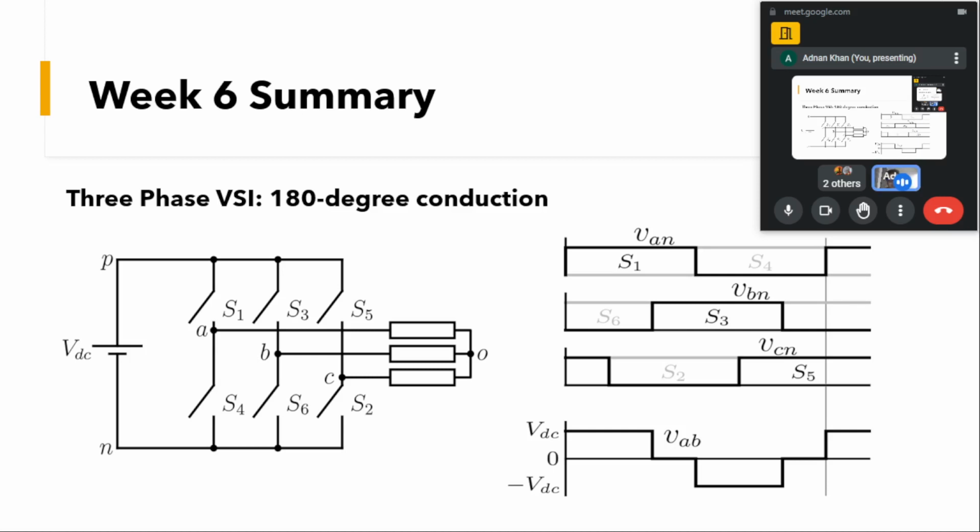That is like a balanced three phase, where the three phases are shifted from one another by 120 degrees. For the B terminal, S3 will be turned on at the 120-degree interval, and it will conduct for 180 degrees, and after that it will be turned off and S6 will turn on. Here as well, due to this individual leg, VBN will be equal to 0 and VDC. When S3 is turned on, we get VDC, and when S6 is on, we get 0.